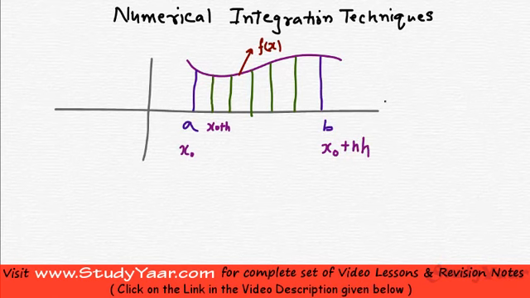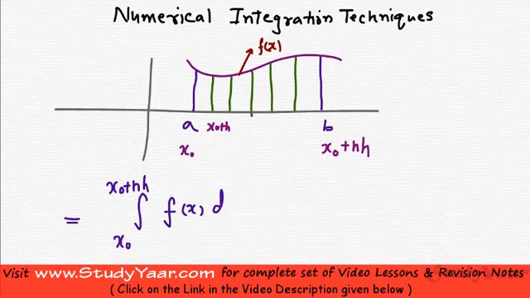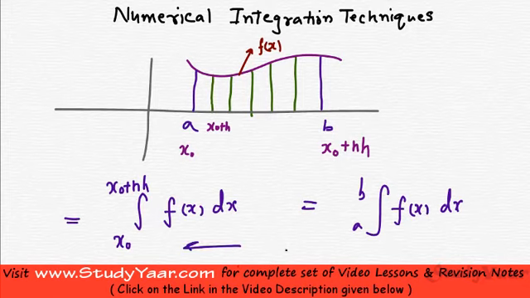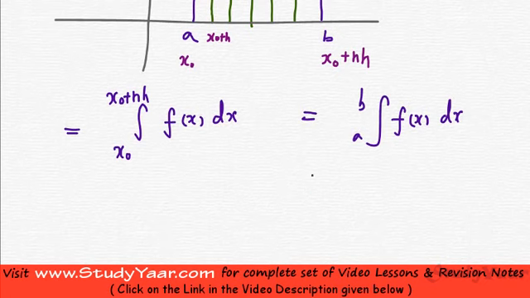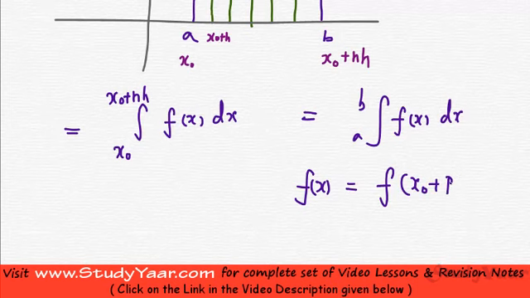So my integration is now from x0 to x0 plus nh of f(x) dx. So my integration from a to b of f(x) dx is now equal to this. Now as we have seen in the interpolation techniques, my f(x) can be written as f of x0 plus ph.